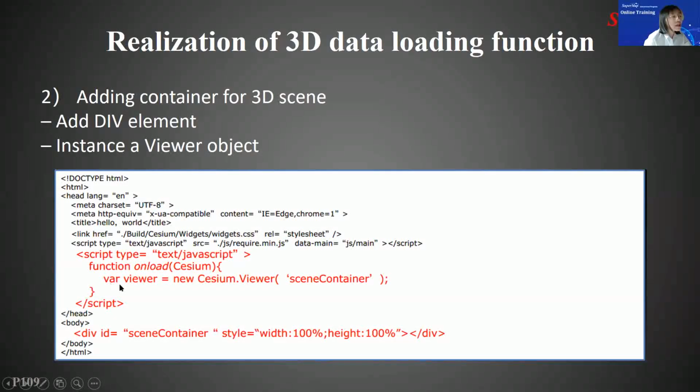First we create a map in Leaflet. Here we have to create the Cesium viewer beforehand. Now we can add all the 3D objects to the viewer. So new Cesium.Viewer, and sceneContainer is the div ID that we made for the 3D scene.